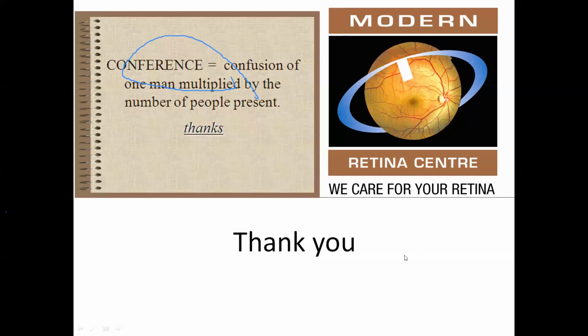Satish sir wants to add. Nothing much to add. The early machines used to have something like 6 mm, 8 mm scans with the fovea at the center.